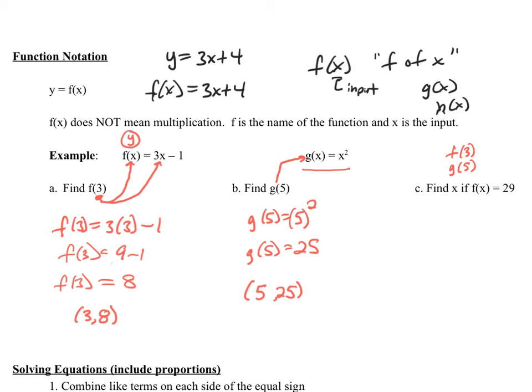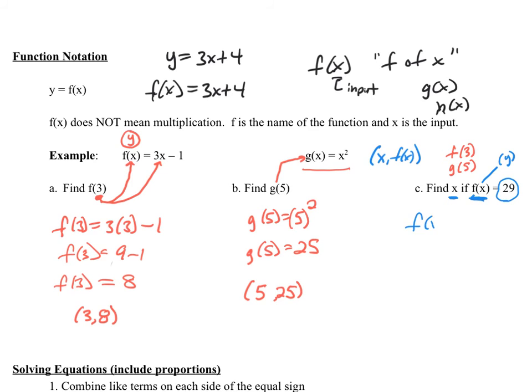Keep in mind, I'll write this in blue below, that our points are going to be made up of x's as the input and f of x's as the output. So this is really asking me to find x if I know the output, which in our previous situations would be the y. So it's saying use the f equation, and when will the output be 29?